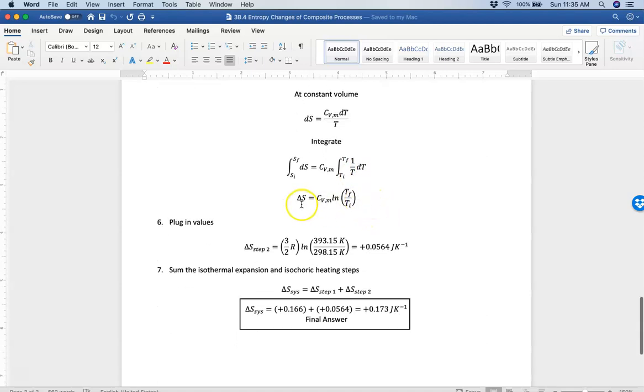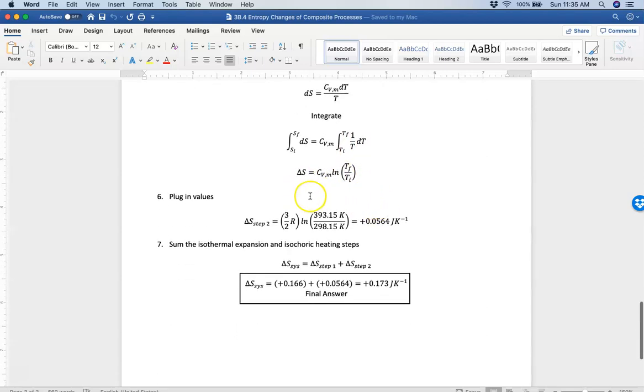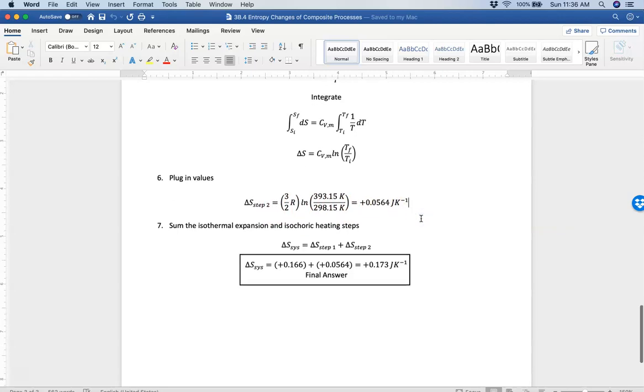Plugging in my values, we assume argon behaves as a perfect gas, so CVm is 3/2 R, multiplied by the natural log of T final, 100 degrees Celsius converted to Kelvin, divided by the initial 25 degrees Celsius converted to Kelvin. Step 2 is then an increase in entropy of 0.0564 joules per Kelvin.